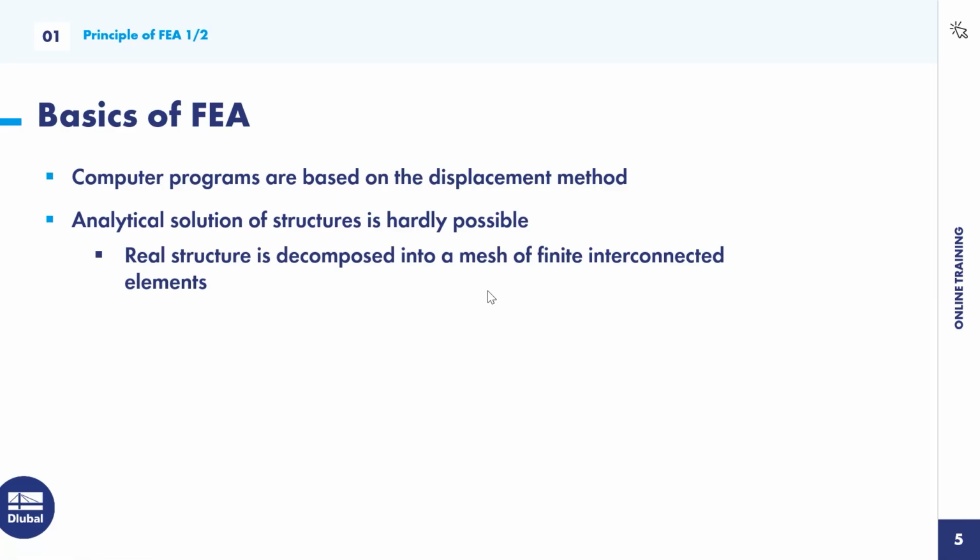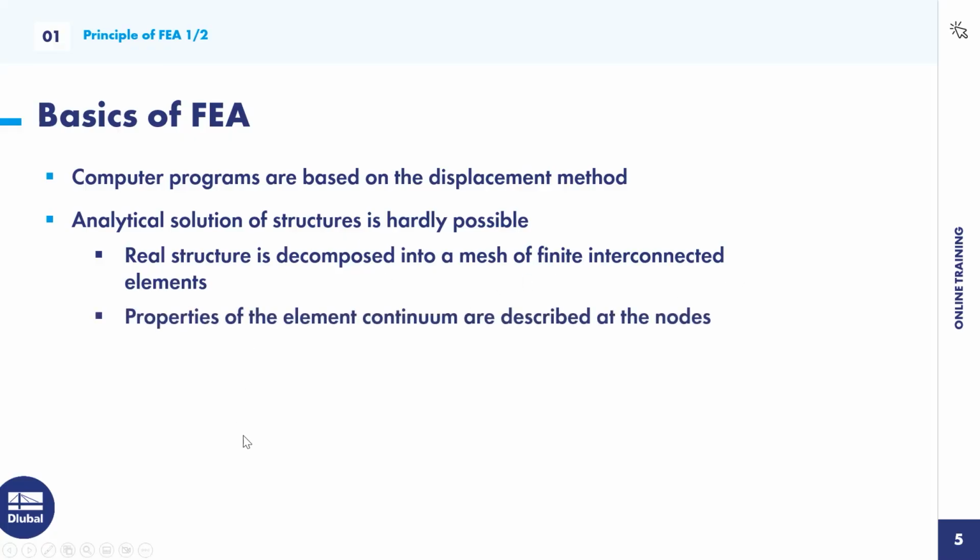We take the real structure and decompose it into a mesh of finite interconnected elements. So they're just a specified amount of elements in the system and they are connected to each other. We will see it in the next slide as well. There's some graphics for it for better understanding. Then what we also will need is to define the properties of the element continuum.